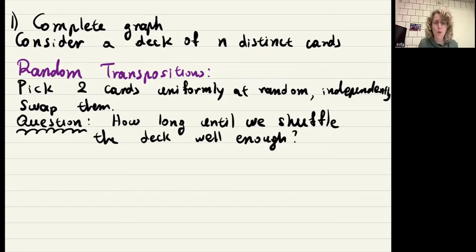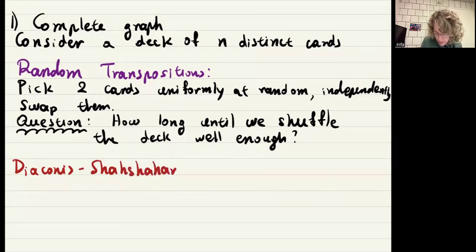We will all agree that this is not the best way to shuffle a deck of cards. In fact, it's a famous theorem by Diaconis and Shahshahani, and we will talk a little more about this, that it takes 1/2 n log n steps to shuffle the deck in this way. Again, I'll turn everything into math soon.